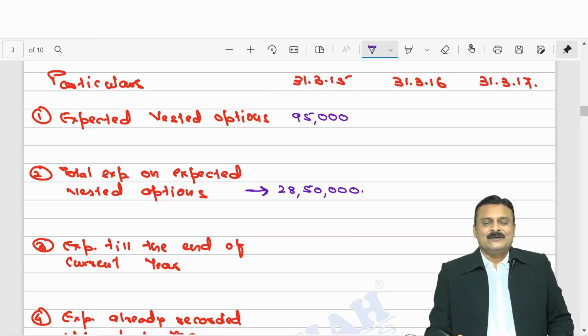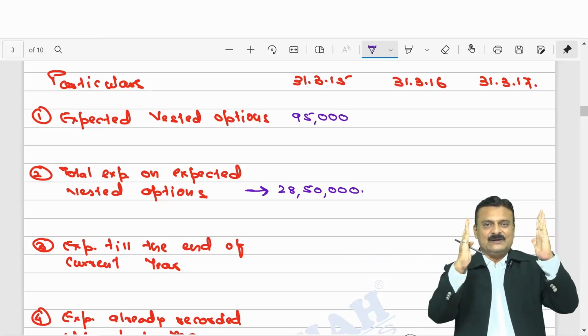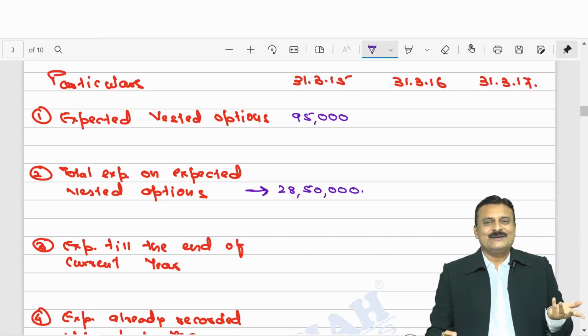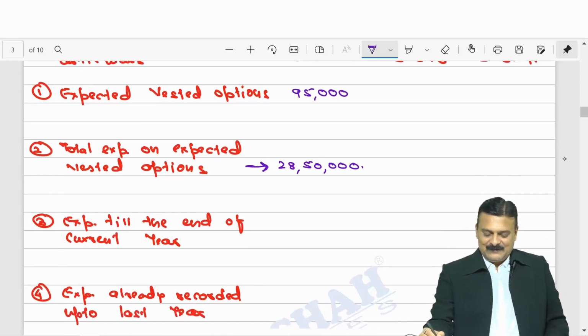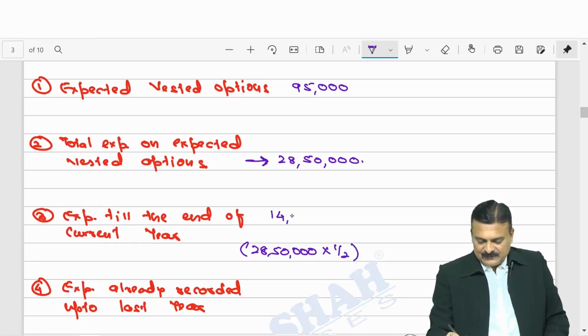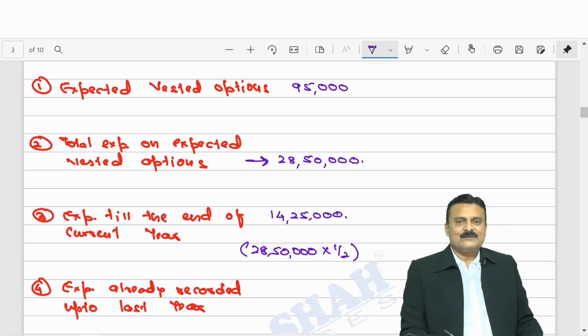So 28 lakh 50,000 is the expense for 2 years. Then how much for the first year? Definitely half. So the expense till the end of the current year will be how much? 28 lakh 50,000 is for 2 years. I want for 1 year, so 1 by 2. 14 lakh 25,000.